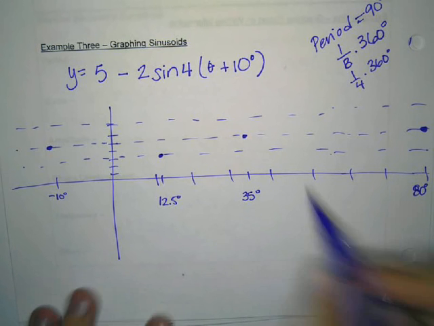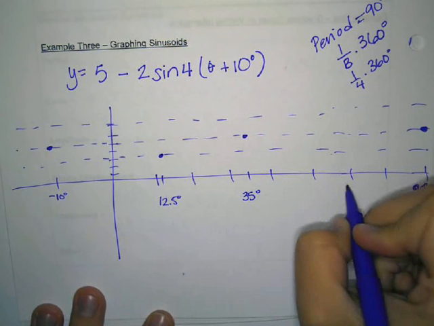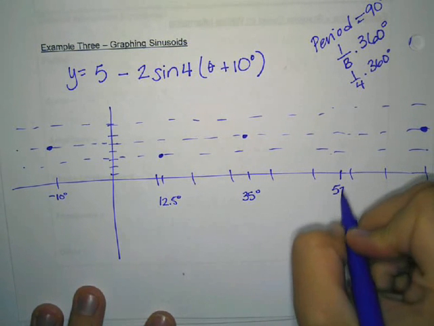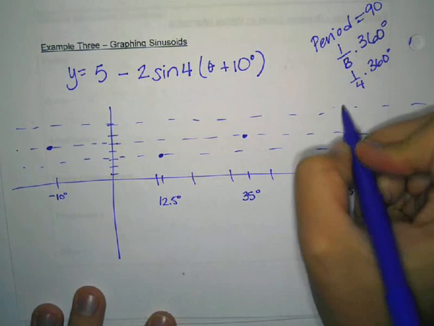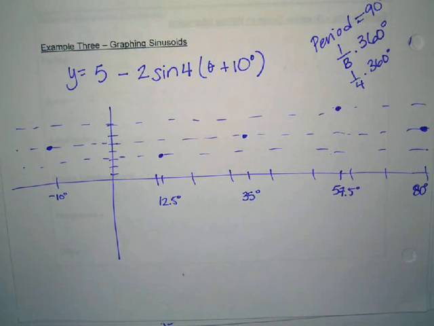Good. 57.5 is about right there-ish. And that is my upper bound. Notice the only tick marks you have to label are the important ones: the beginning, ending, and then the turning point. And then once you get those values in, then you can connect.